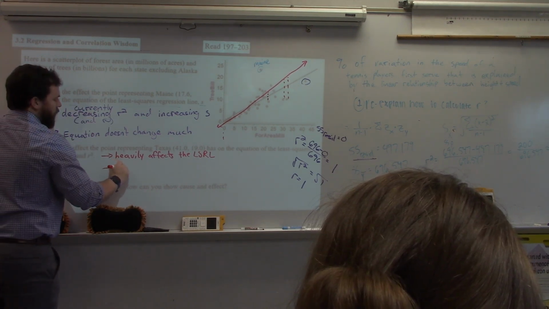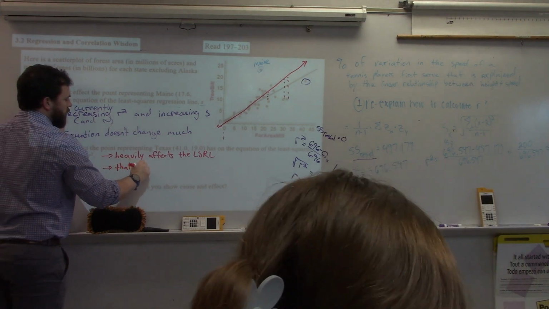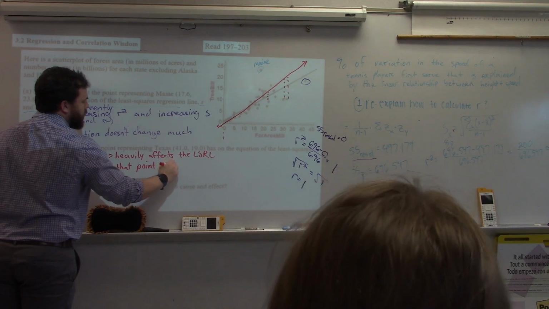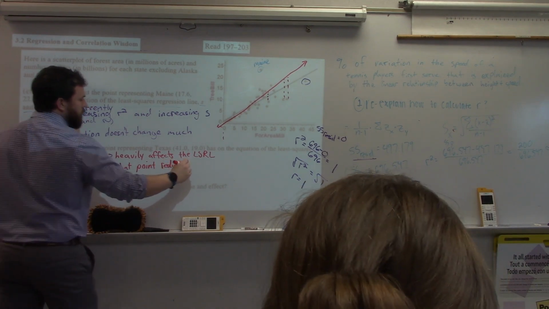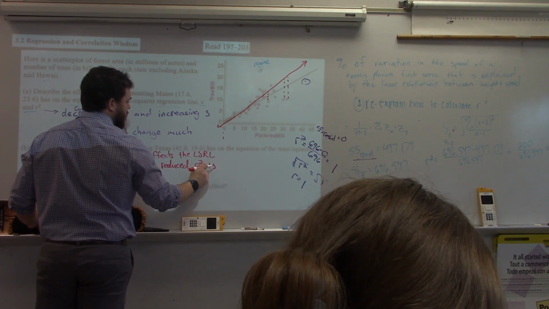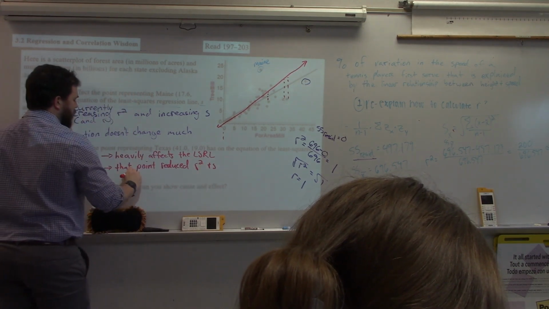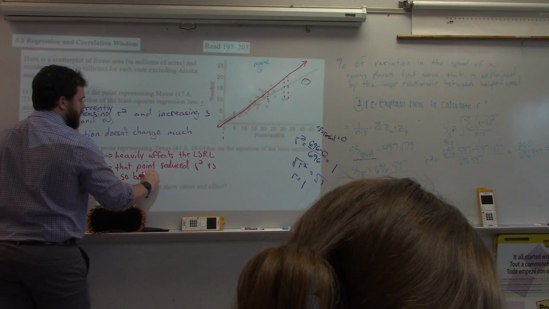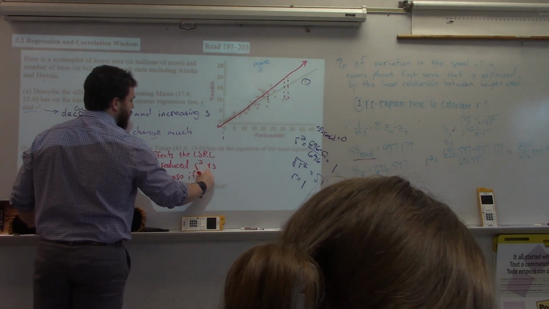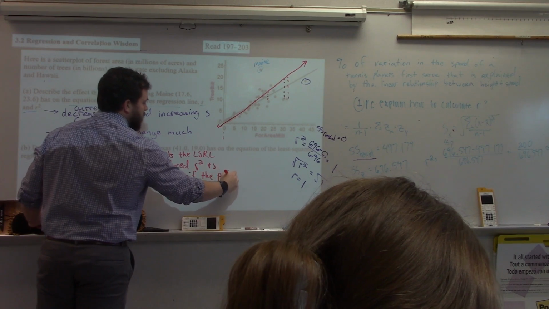So that point reduced r squared and s, so both increase if the point is gone.